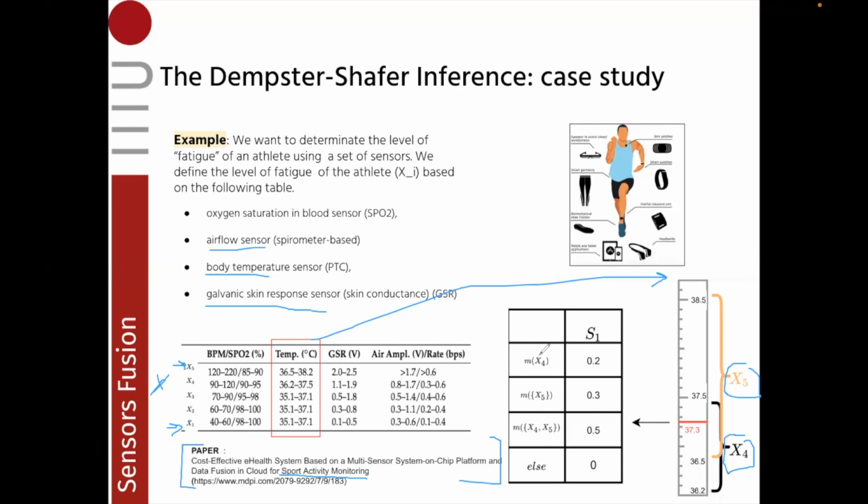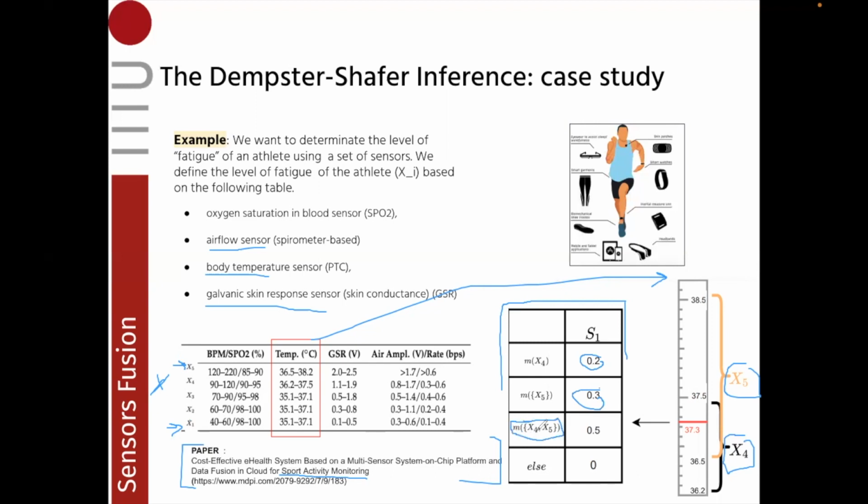So again, here we can have, in the table, an example, a didactical example that I created, with some random numbers. Given the fact that our mass function goes from the subsets to the 0-1 interval, we can assign even a value to our uncertainty.